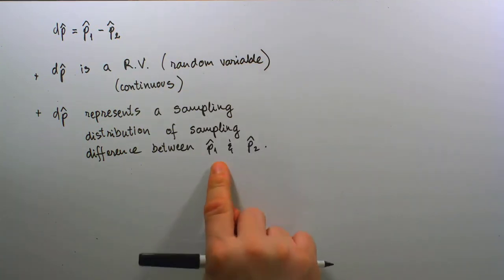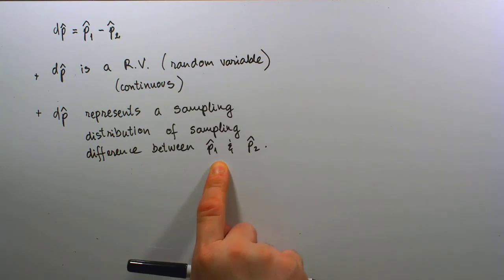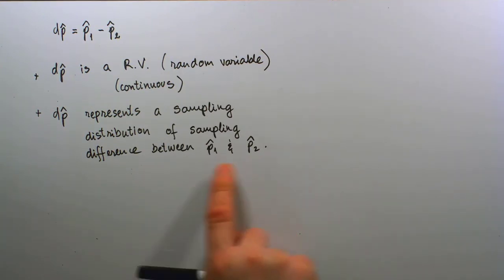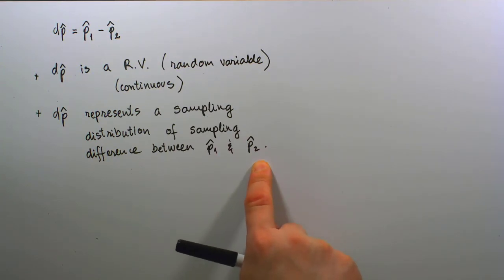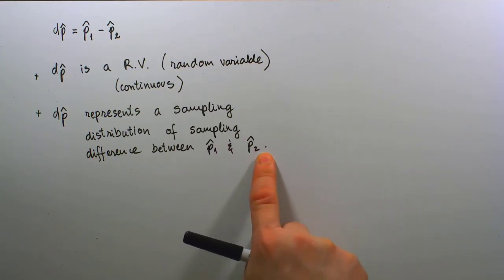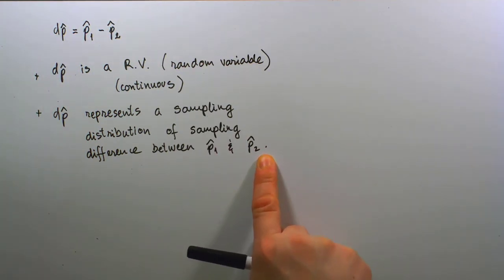So p hat 1 is simply a sample proportion value from population 1, any sample proportion value from population 1. And p hat 2 is a sample proportion from population 2, any sample proportion from population 2.